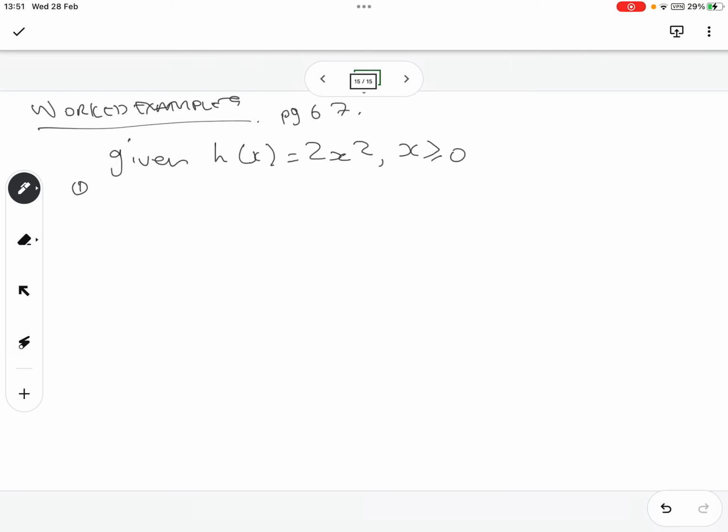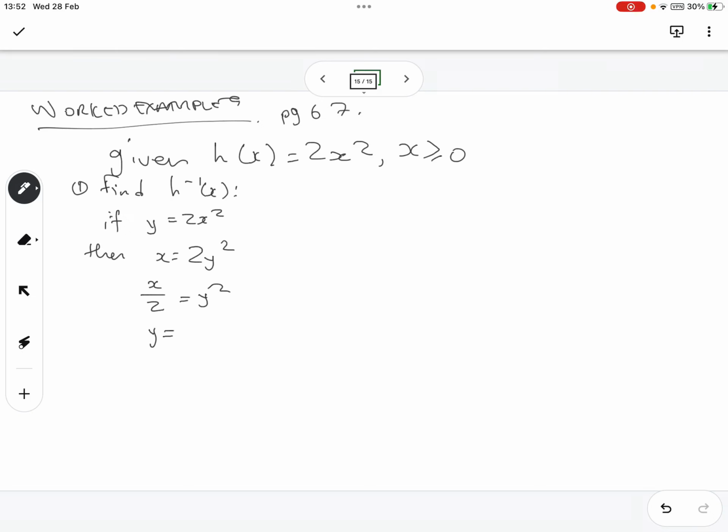We must find the inverse, such that if y equals 2x squared, then the inverse would be x equals 2y squared, making y the subject of the formula.